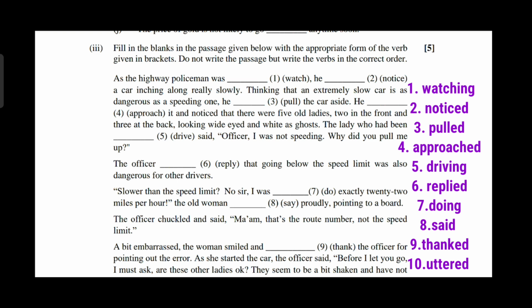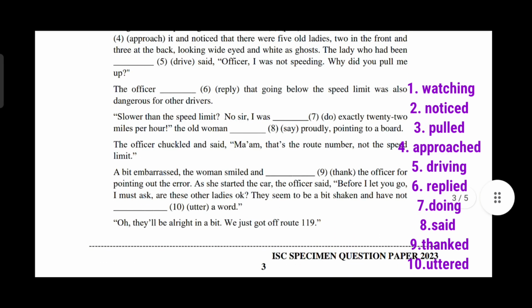Slower than the speed limit? No, sir. I was doing exactly 22 miles per hour, the old woman said proudly, pointing to a board. The officer chuckled and said, "Ma'am, that's a route number, not the speed limit." A bit embarrassed, the woman smiled and thanked the officer for pointing out the error.